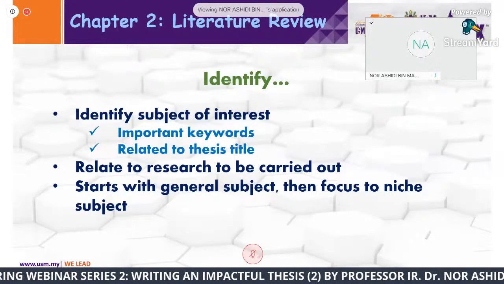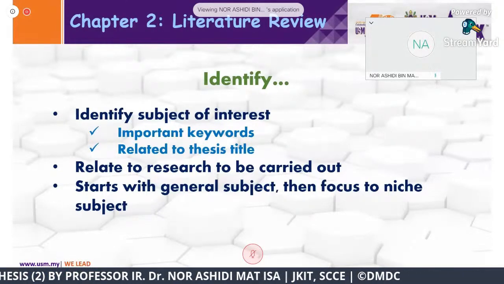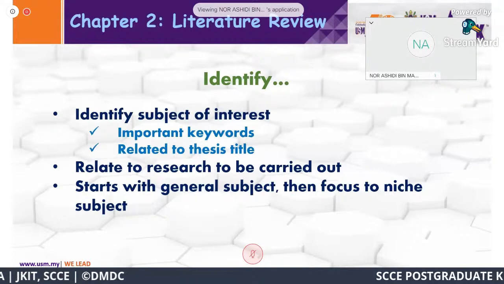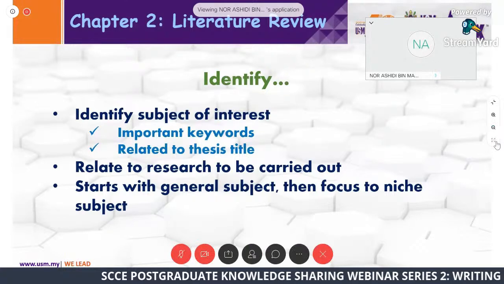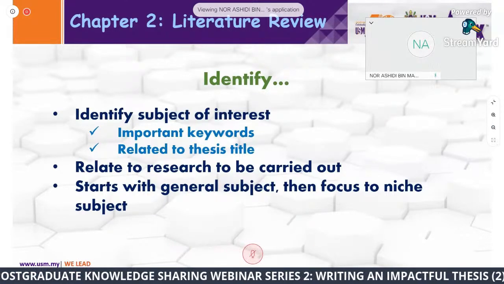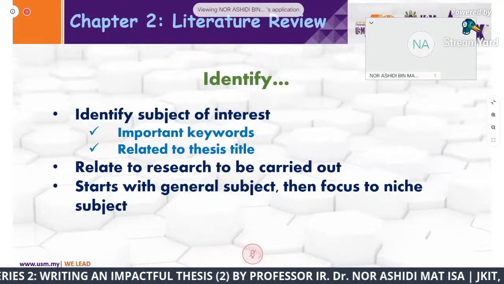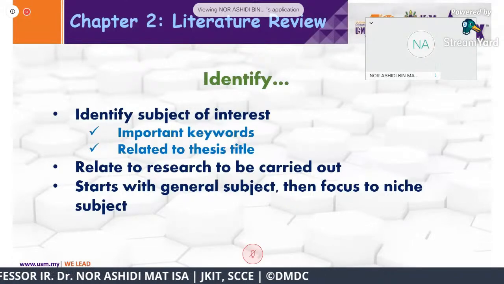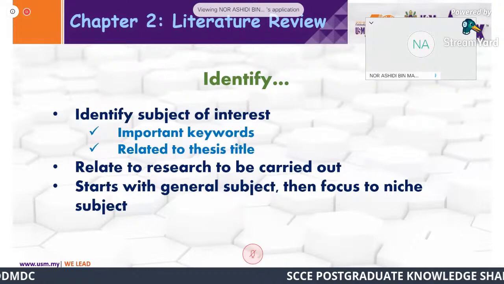You need to identify the keywords related to your research, and the keywords must be your subject of interest. For example, your interest is in ANN, so the subject must be neural networks, for example. And you want to focus on cervical cancer, for example. So the second keyword is cervical cancer. You must know these are the 2 topics of interest that you want to focus on in your research.